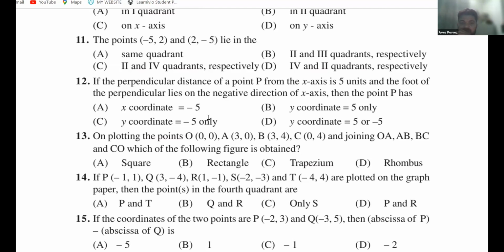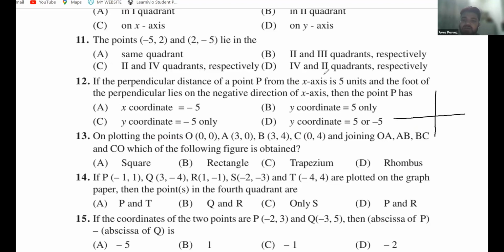So I'm not getting the answer. Which option? Okay, let me explain it. If the perpendicular distance from a point P, just imagine this is a point P, from the x-axis is 5 units, and the foot of the perpendicular lies on the negative x-axis.